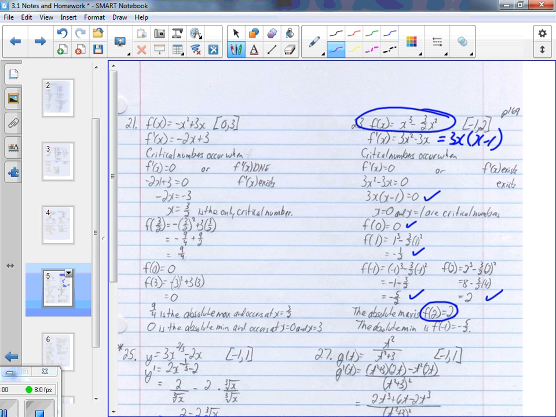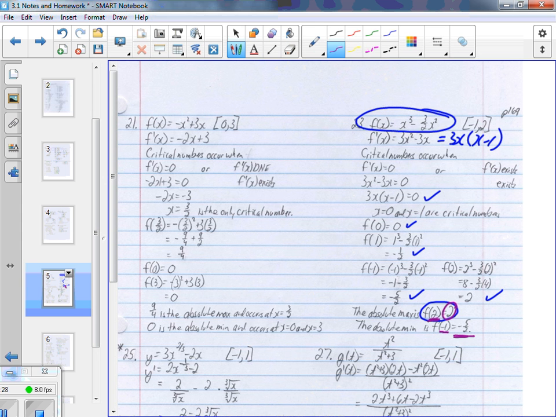It tells them that that is the largest value, and it also tells them it happens for that x coordinate. Okay? I like doing it that way. Then the absolute min is f of -1. So I know that the minimum value occurs when x equals -1, and then I tell them what that minimum value is. It's -5/2.